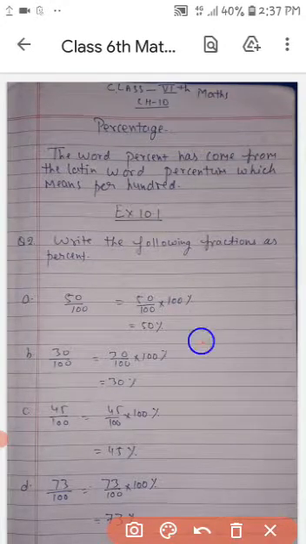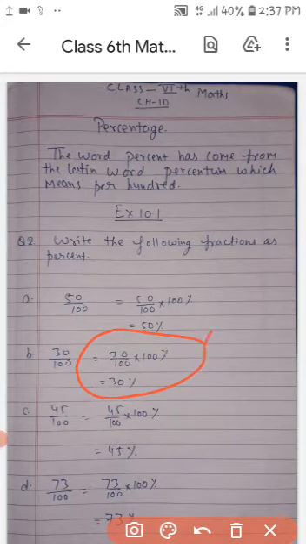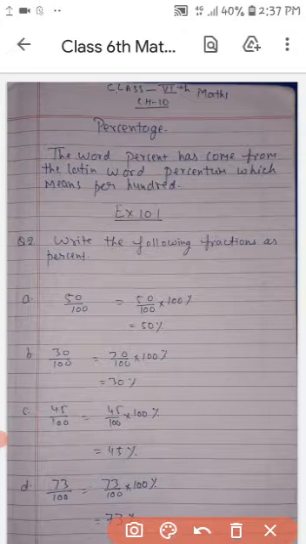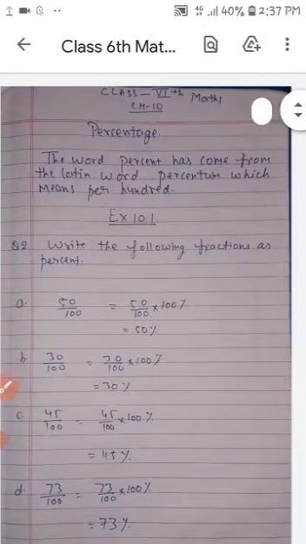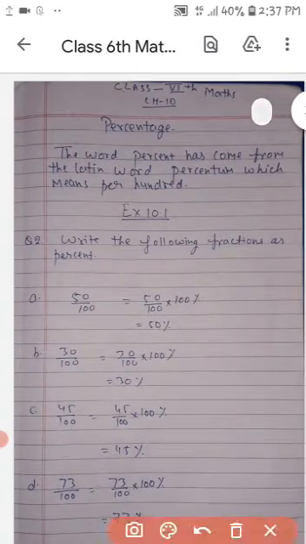Again multiply by 100 and write the percent sign. 100 cancels, 30%. 45 upon 100 into 100, write the percentage sign and the answer is 45%. Now look at 73 upon 100 into 100. 100 cancels. Now the answer is 73%.